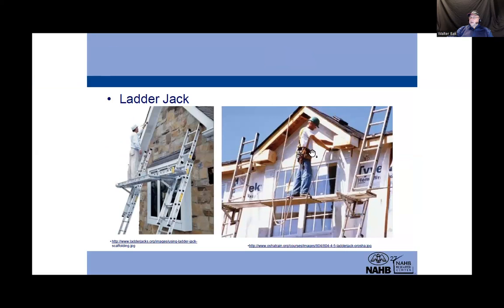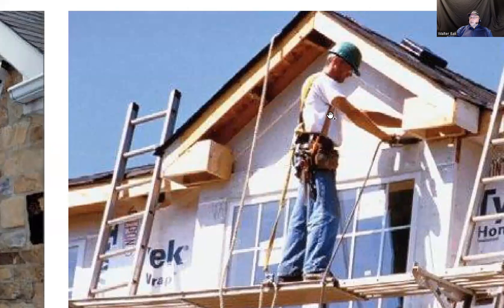Like this here, but it has to be installed and used correctly. A personal fall arrest system is a harness with a lanyard tied off in a way that makes sense. This here, again, I repeat, is not a safe way of doing things.